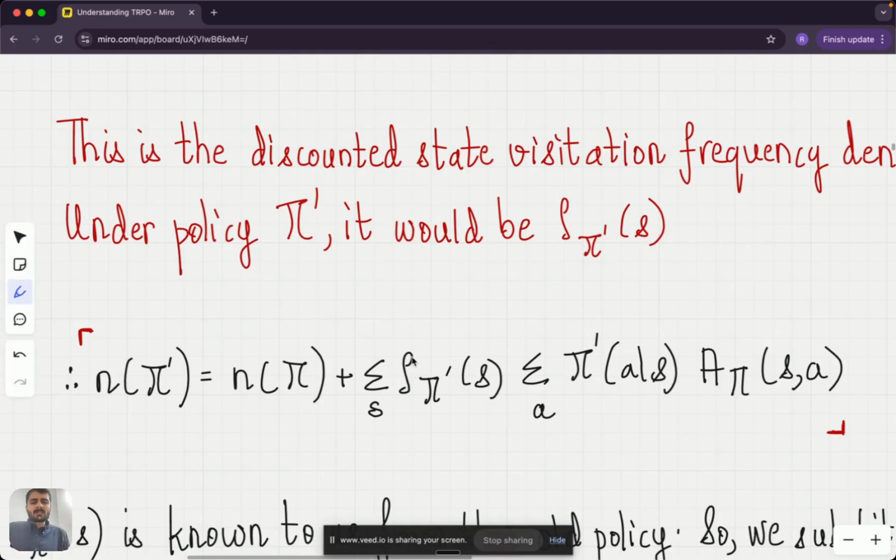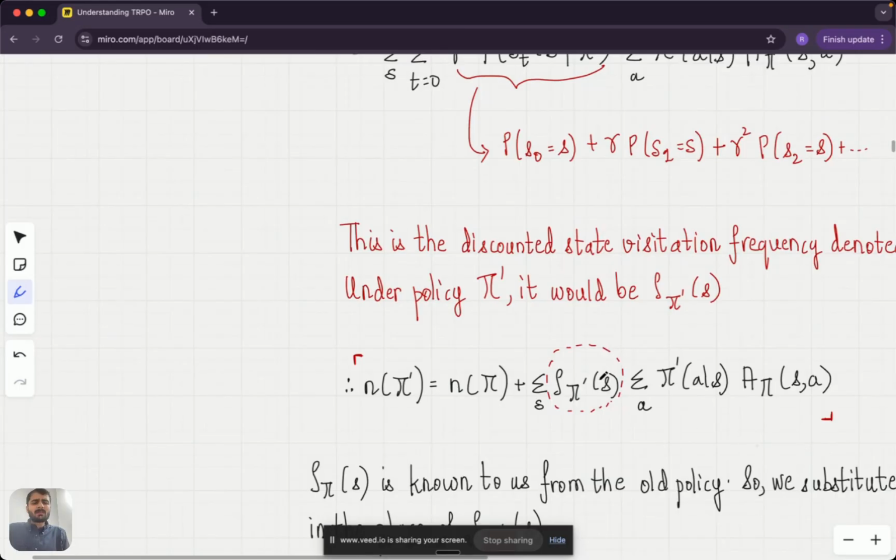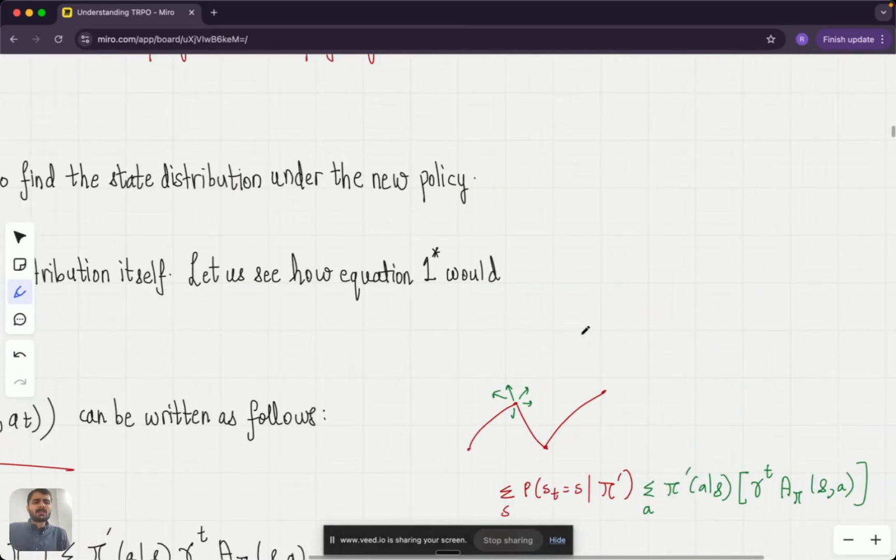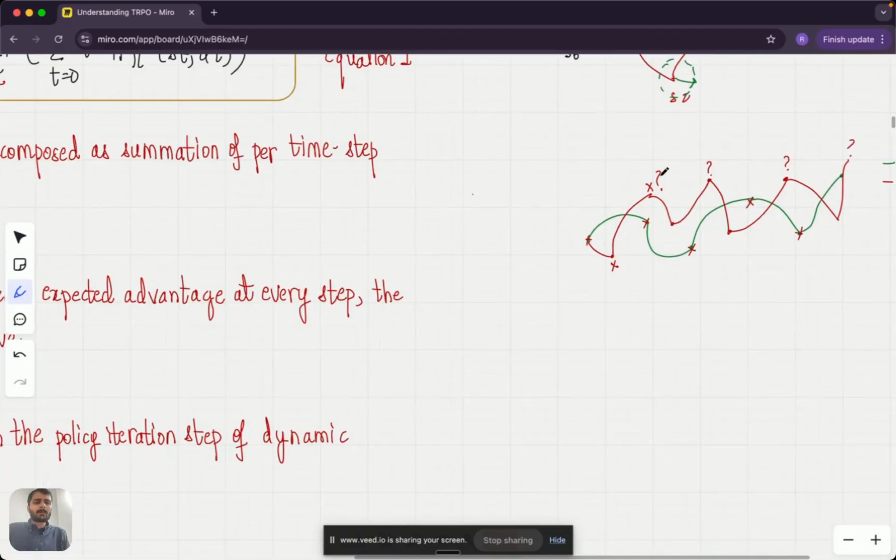All that information is coming into this term. And then you multiply it by the probability of choosing each action for that state, which is given by the policy, times the advantage. So we have now removed the expectation, and we have a term which helps us understand how frequently each state is visited. This term essentially captures the distribution we are talking about over here.